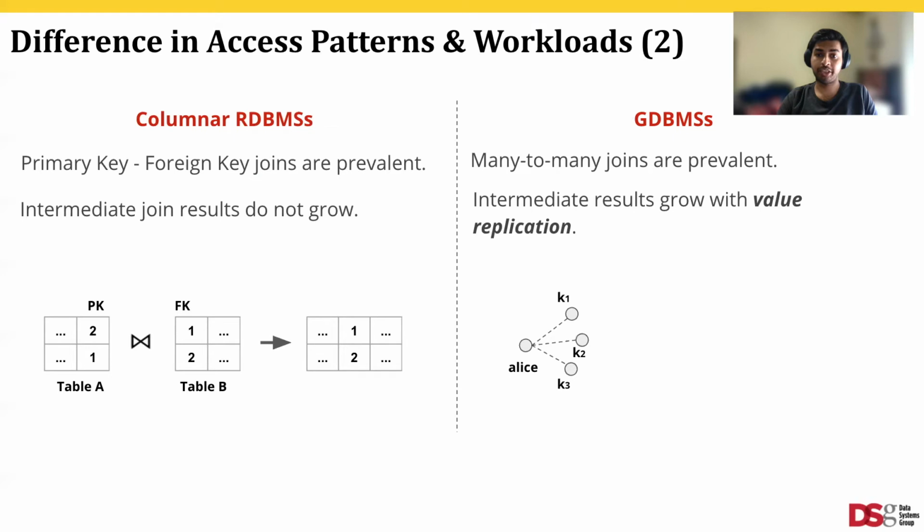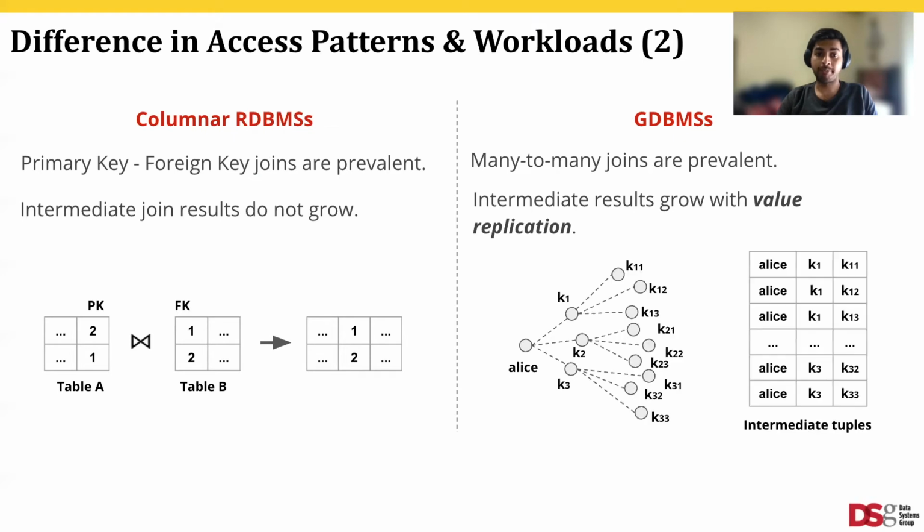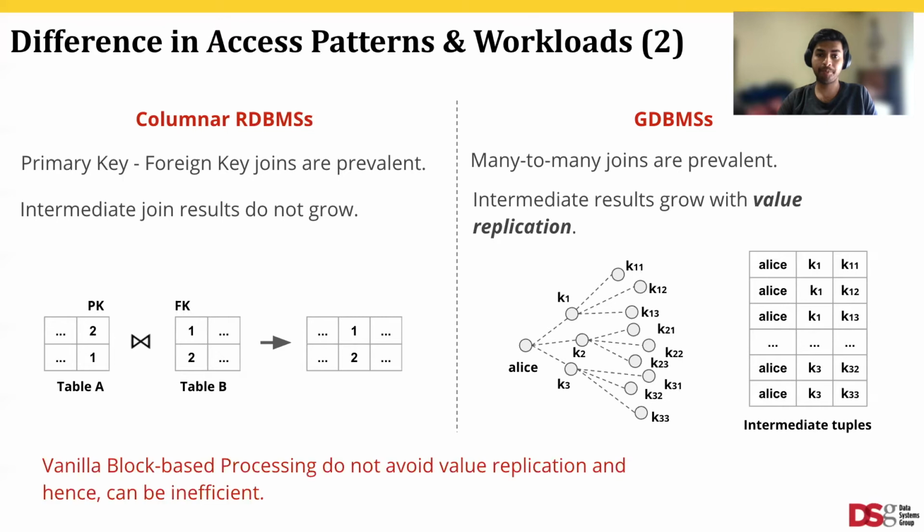The same is shown in the illustration here, where we find Alice's friends of friends. The intermediate tuples grow from one tuple to 3 and then to 9, with Alice repeated in each tuple. As we demonstrate later in the talk, block-based processing employed by columnar stores is not optimized for performing joins because of this data replication. So, direct application of block-based processing can give suboptimal results.